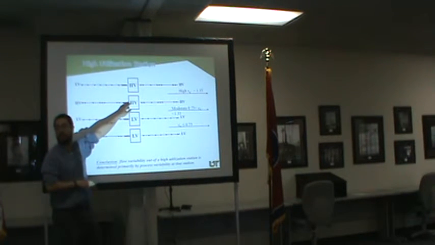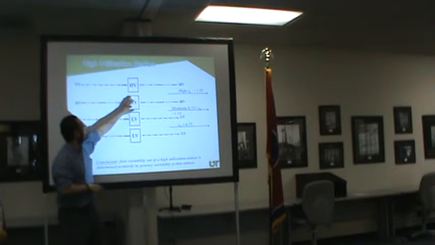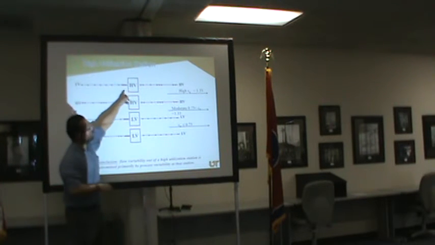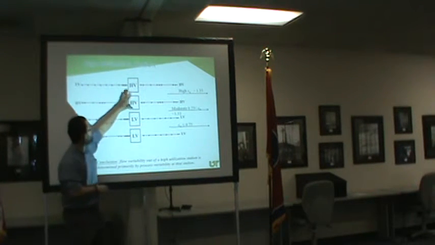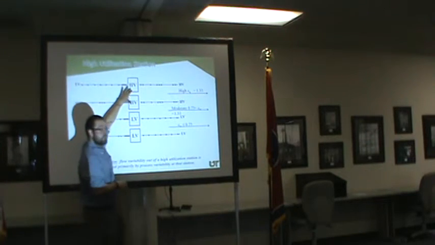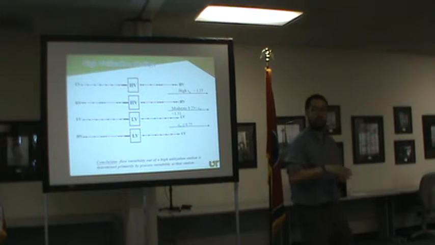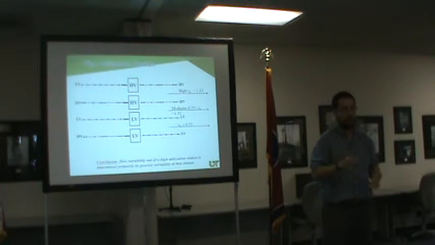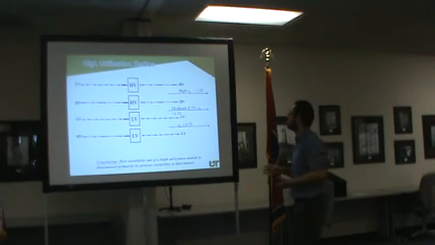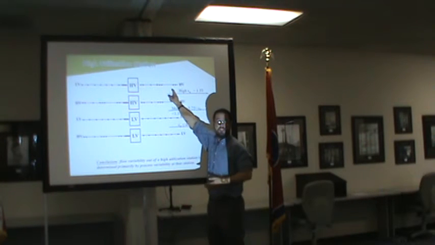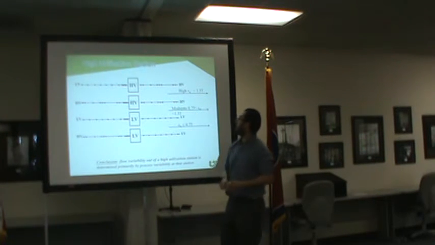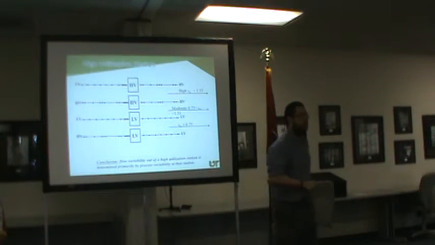Let's assume it's a bottleneck. If the arrivals are this way, and we have very high variation in how we process things, departures are going to be high variation.